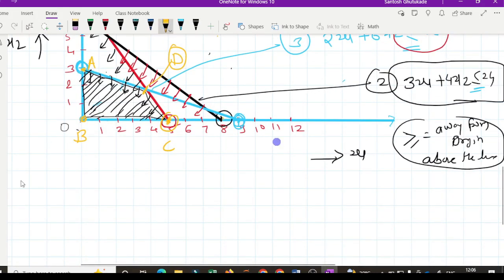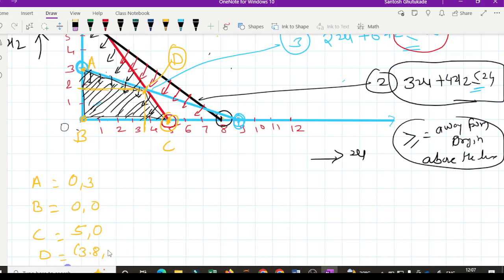First, the A point: the coordinates are 0 on the x-axis and 3 on the y-axis. For B it is the point 0, 0. For C it is 5 on the x-axis and 0 on the y-axis. And for D, it is coming around 3.8 on the x-axis, and on the y-axis around 1.8.